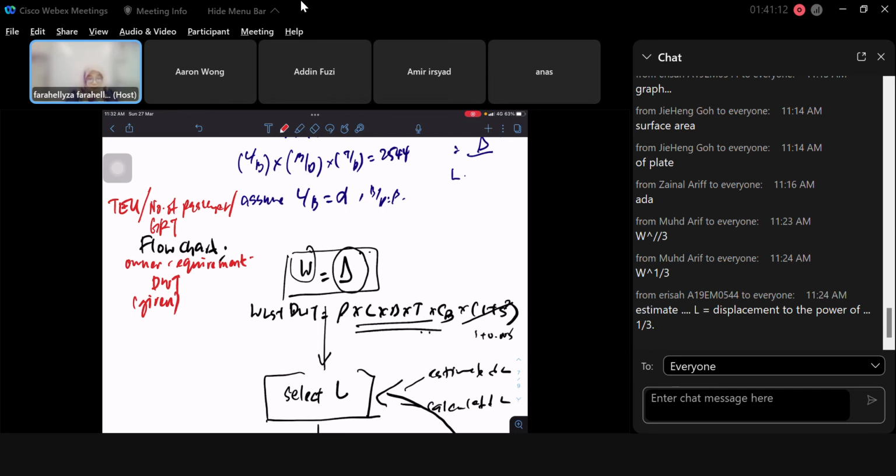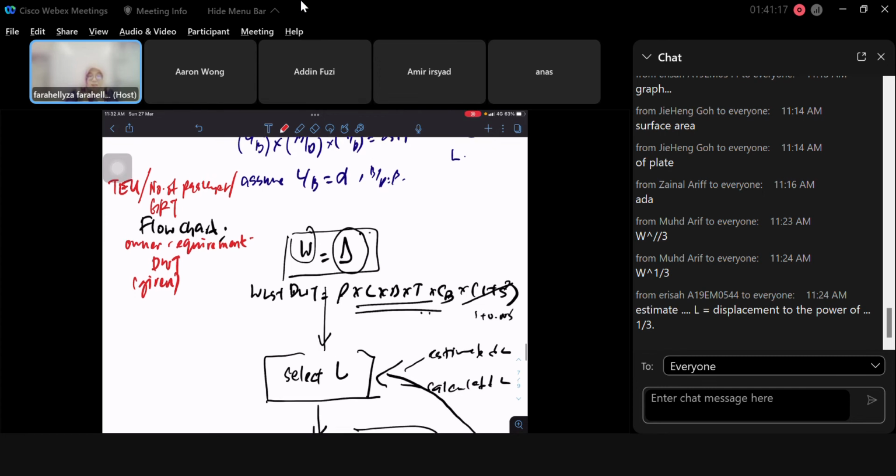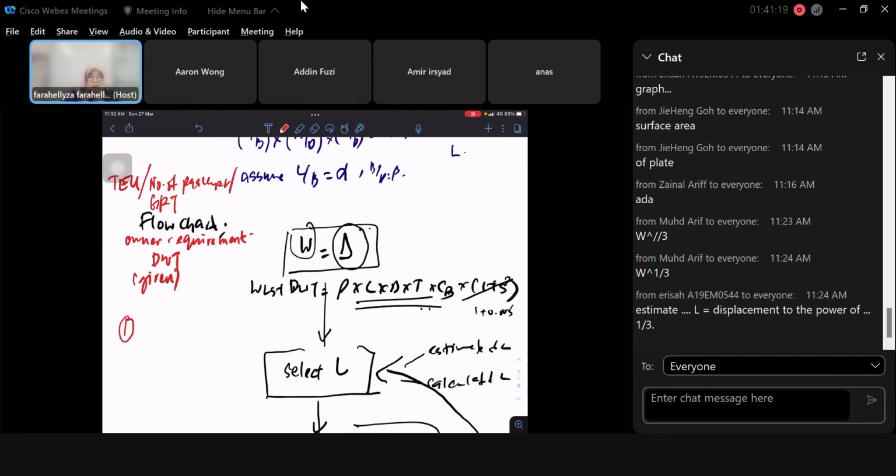is basically for what we call weight-based design. So there are two design bases. The first one is weight based, weight-based design or weight-based ship. Then the second one is volume based.